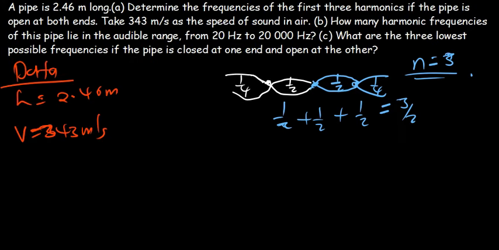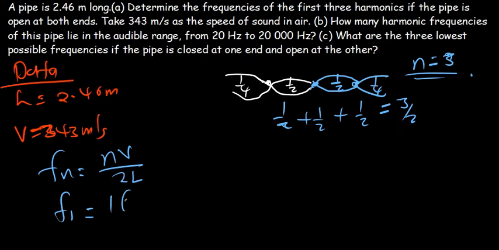So when n is equal to 3, we want to find the fundamental frequency. Remember we said the frequency is given by nv divided by 2L. We want to find the first three, so n is equal to 1, the velocity is 343, the length is 2.46.